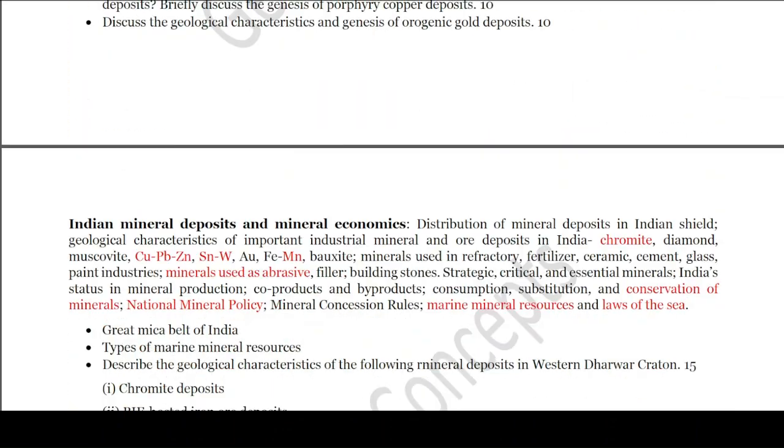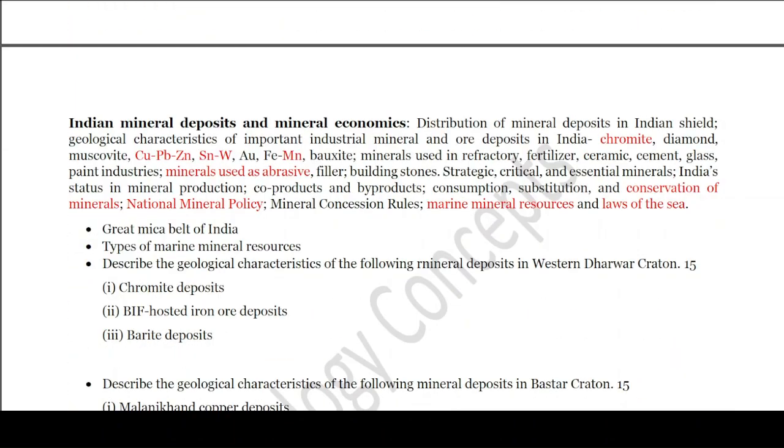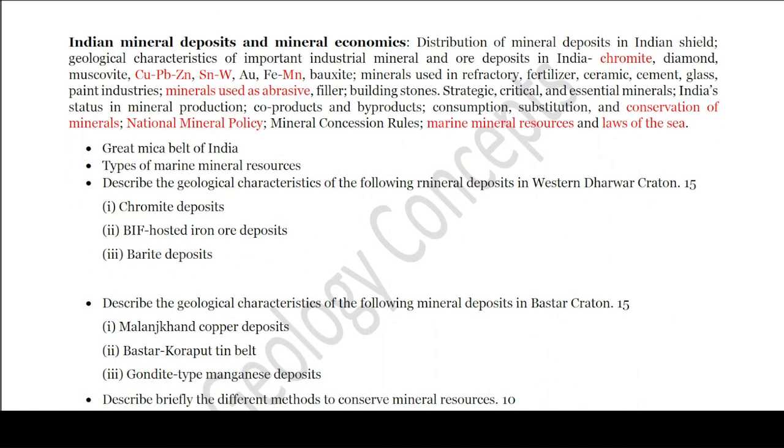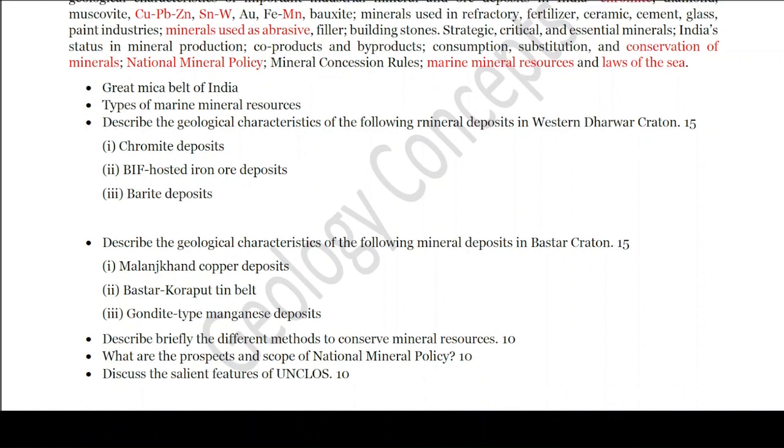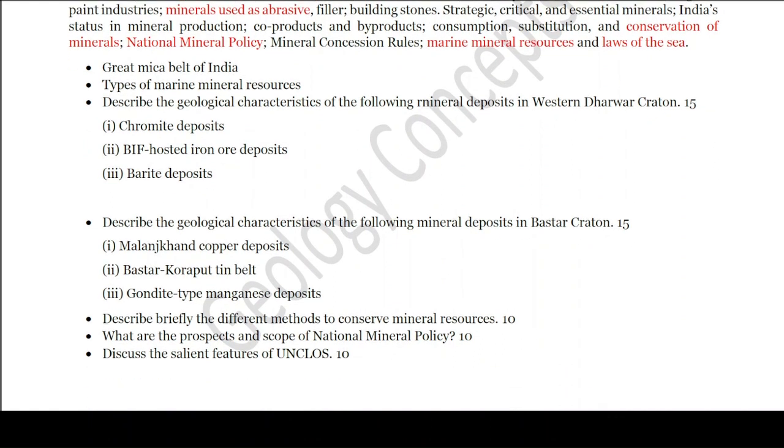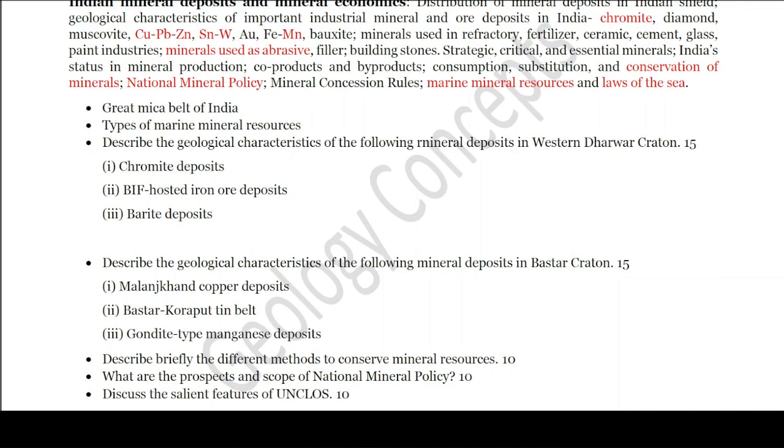The section on Indian mineral deposits and mineral economics is rather mixed. The 10 markers are pretty straightforward from the syllabus, while 15 markers need concept of both stratigraphy and economic geology. The question on Great Mica Belt is new for this section. I hope you didn't confuse it with the mica deposits of Rajasthan.